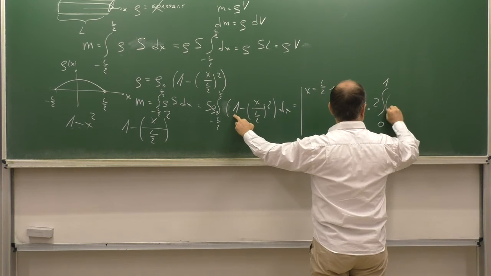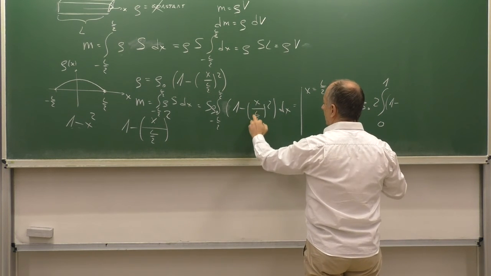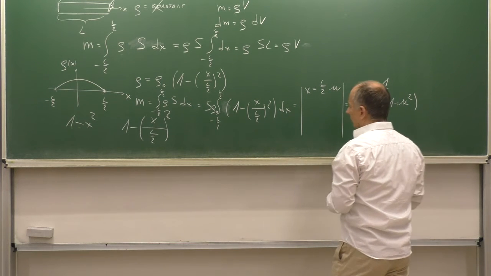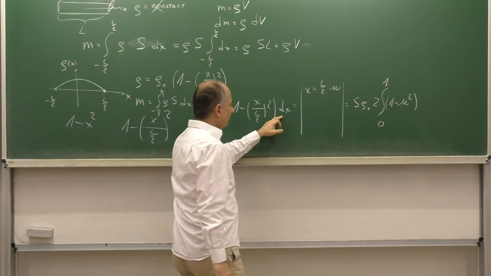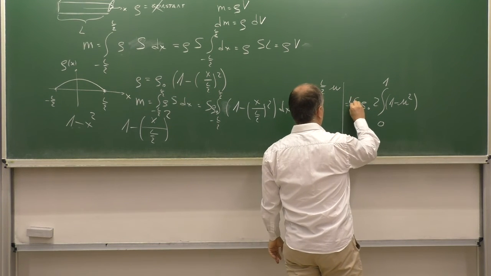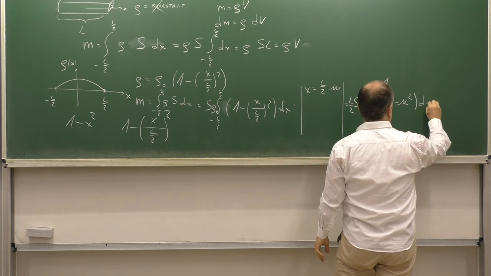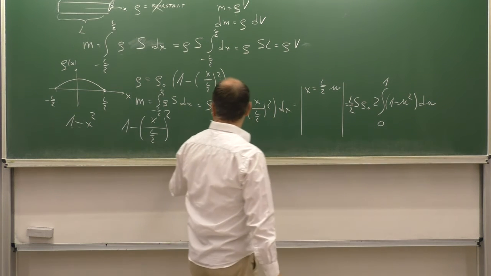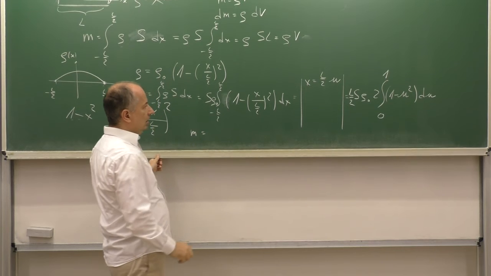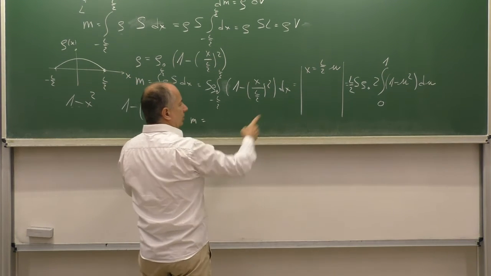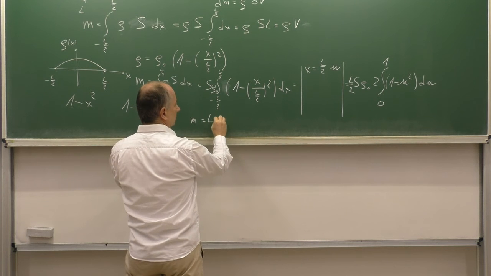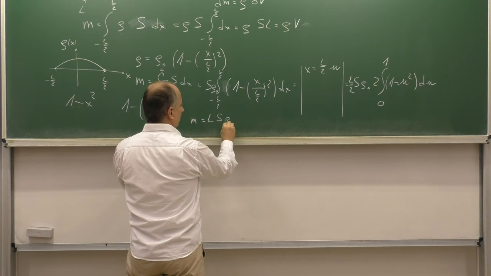And the integrated function is 1 minus, and x divided by L half is u alone, so 1 minus u squared, and dx is L half du, so we can multiply by L half, and we have du. And now we can integrate. 2 divided by 2 reduces, and we have L S rho 0.